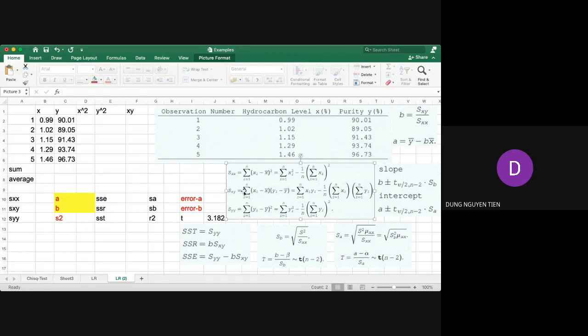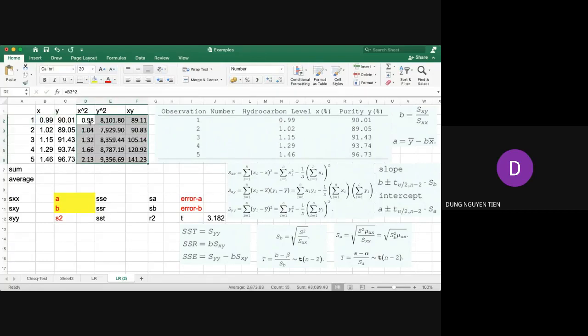In order to get Sxx, Sxy, and Syy, I need to know the sum of xi squared, the sum of xi yi, the sum of yi squared, the sum of xi, and the sum of yi. So I need to find the x squared, the y squared, and the x times y, like that. You do it for all the observations, and then you can find the sum.